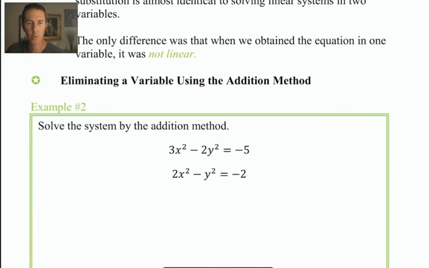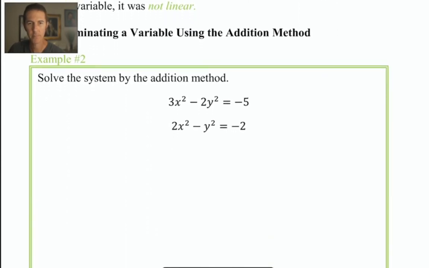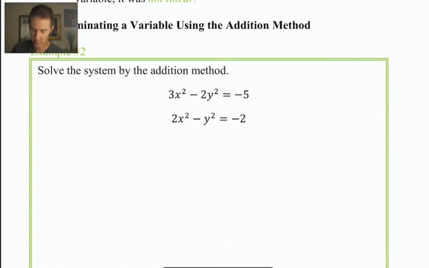So here's an example where we can use the addition or elimination method. Let's try this one, labeling as equation 1 and equation 2, and I'm going to take equation 2 and multiply it by -2. So let's do that. Multiply by -2.